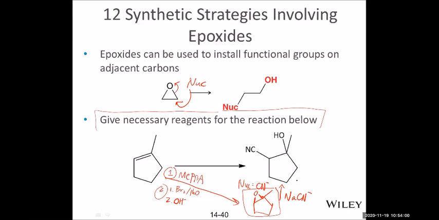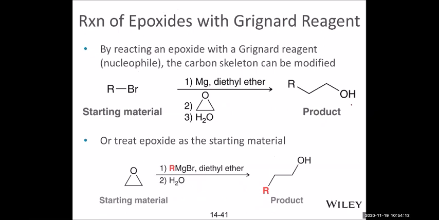So this little question, the transformation, picking the reagents, is very close to the synthesis process. We develop synthesis. There's more, but I think I would just stop at the epoxide with Grignard reagents, because this is the most important application of epoxide.